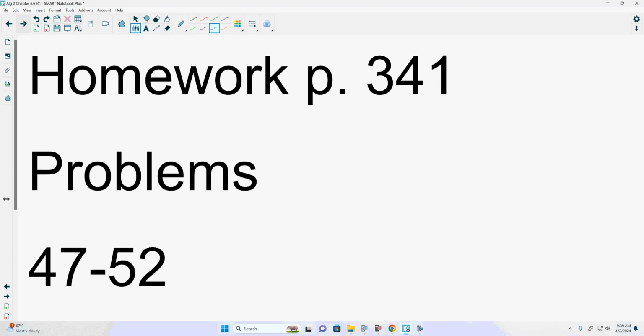But these are the ones we have here, 47 through 52. If you notice, most of these are not any more complicated than what we did. The ones on the left, geometry.